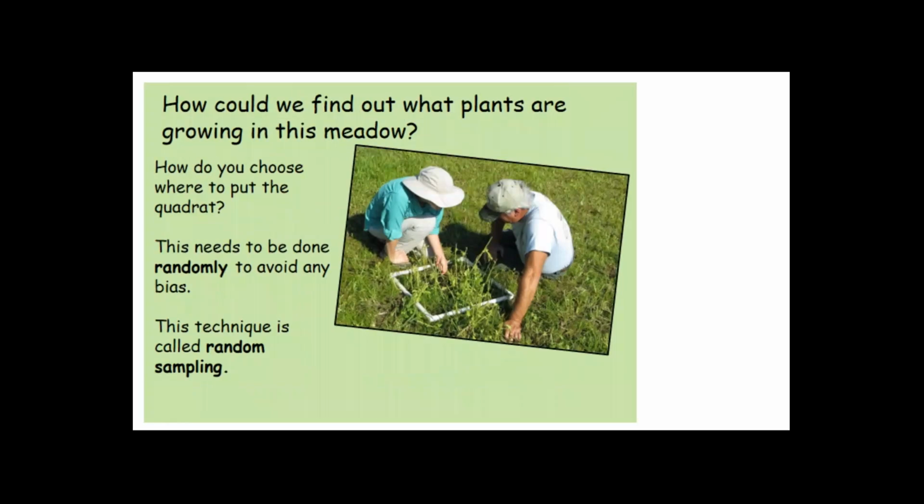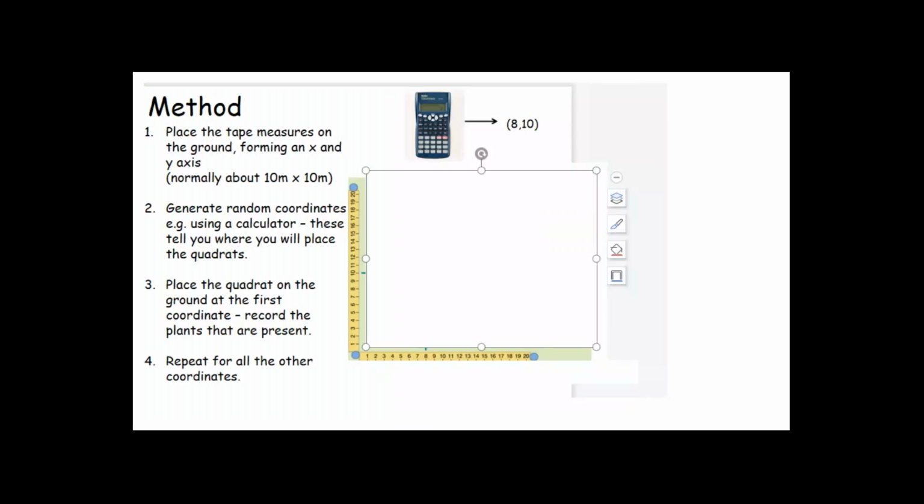So how do you choose where to put the quadrat? The important thing is this needs to be done randomly to avoid bias. And this technique is called random sampling. There's another type of sampling we're going to do in a minute.